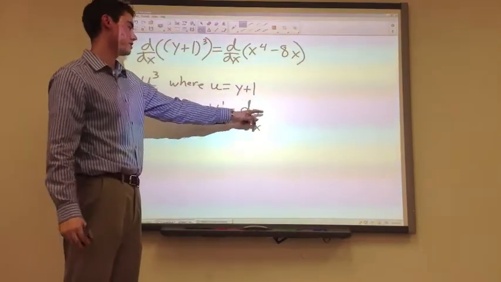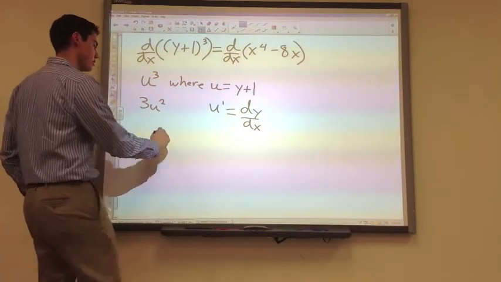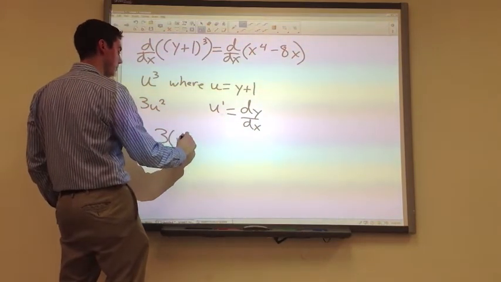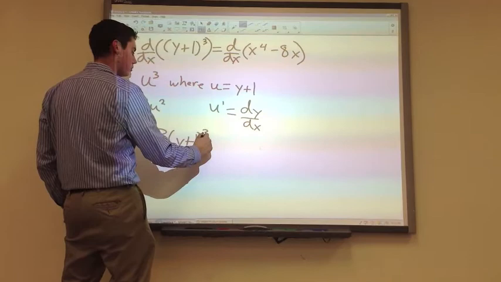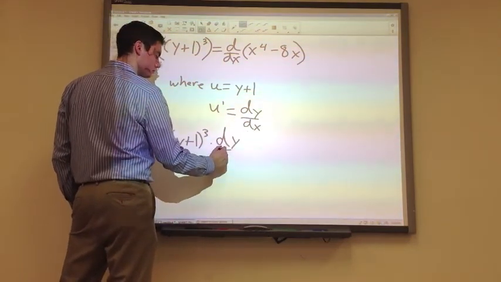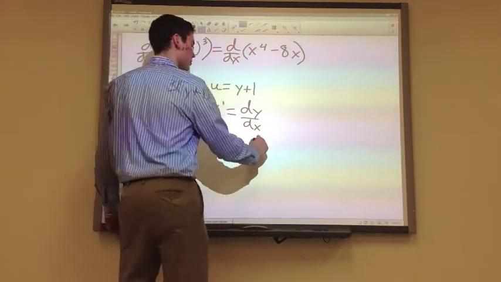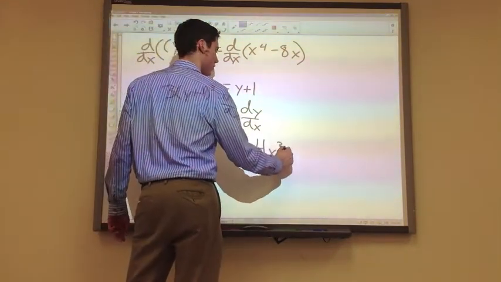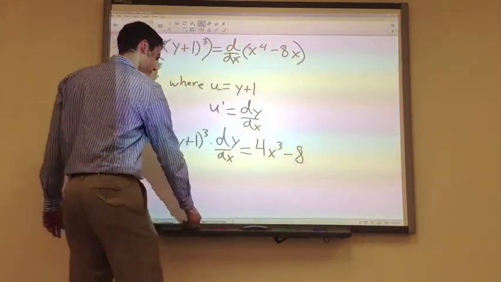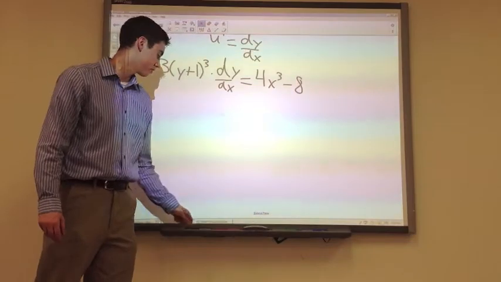The derivative of 1 is 0, so plus 0 is redundant. And we end up with the expression 3 times the quantity y plus 1 cubed times u prime dy dx is equal to, and the derivative of this side is 4x cubed minus 8. And so that's our first step, and that gives us at least the derivative part.